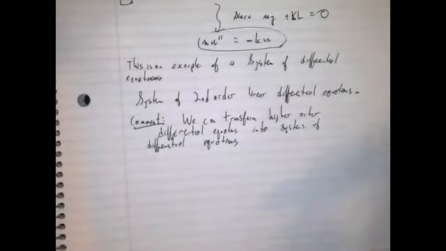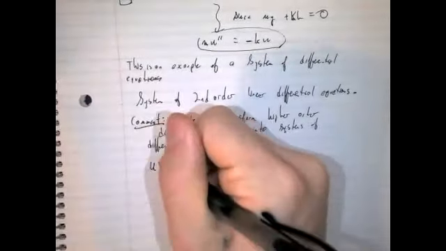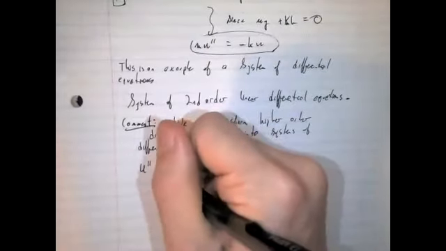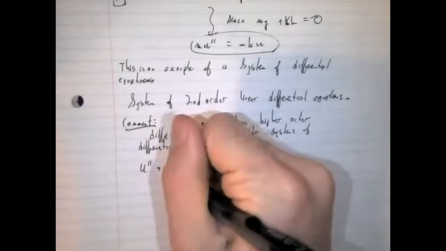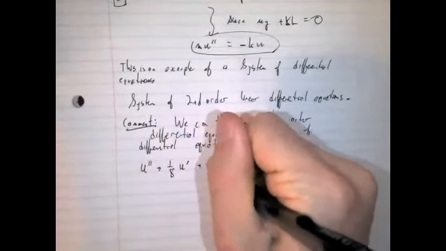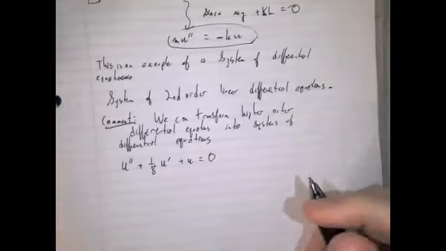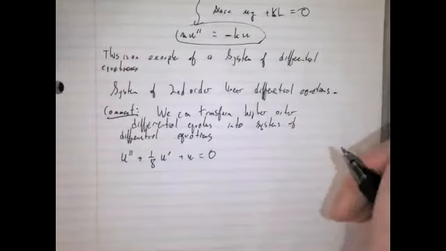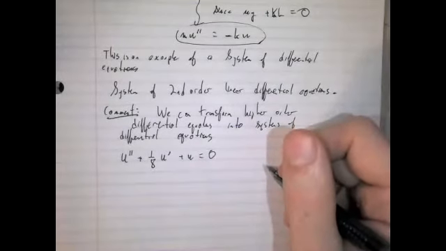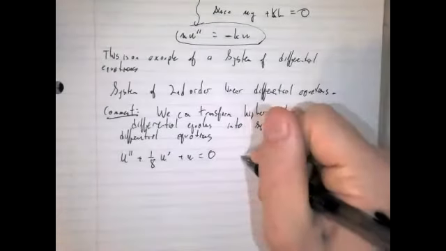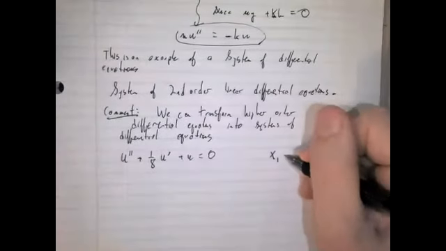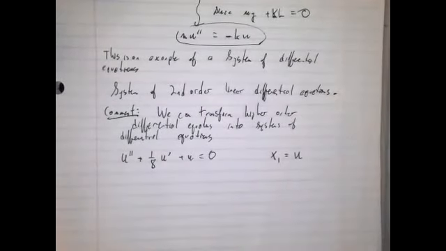So just to do an example, if we have some higher order, in this case, second order differential equation, u double prime plus 1/8 of u prime plus u is equal to 0, then we essentially make a, I hesitate to call this a change of variables, but that's one way to think about it. What I do is I make a function x1 and I just call it equal to u.